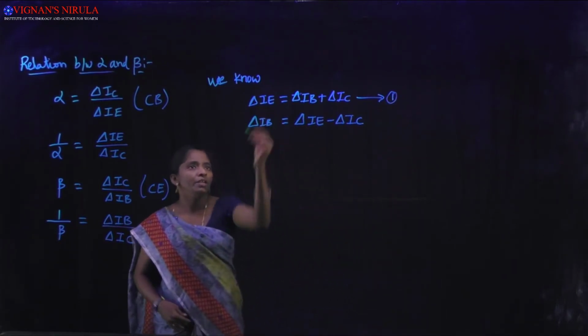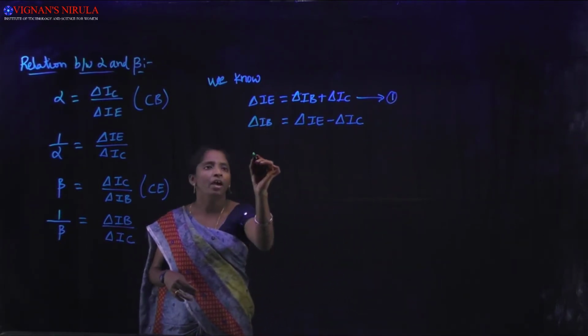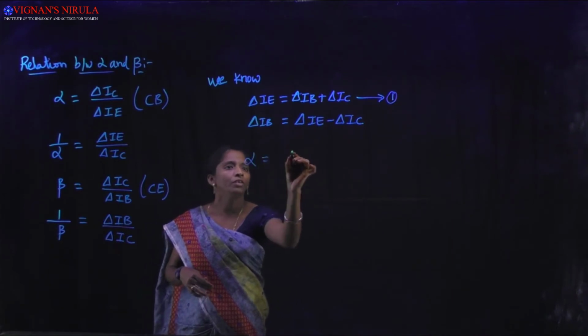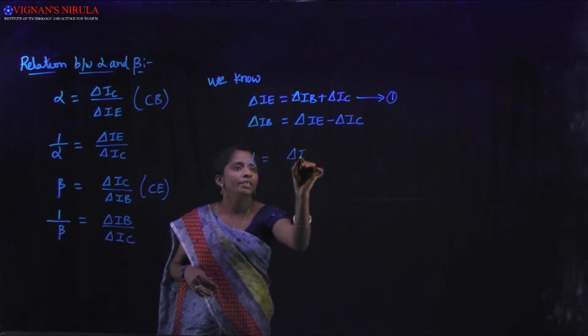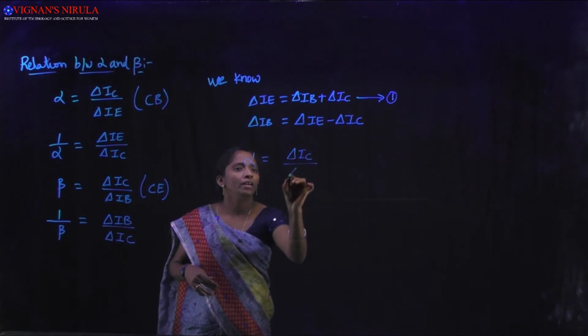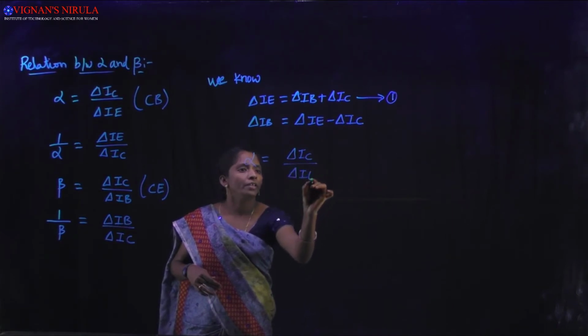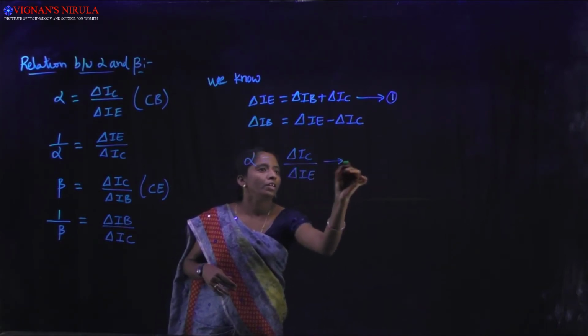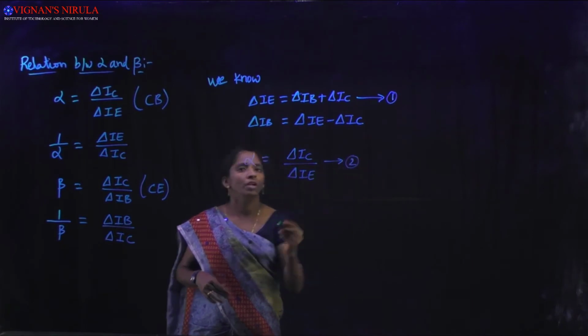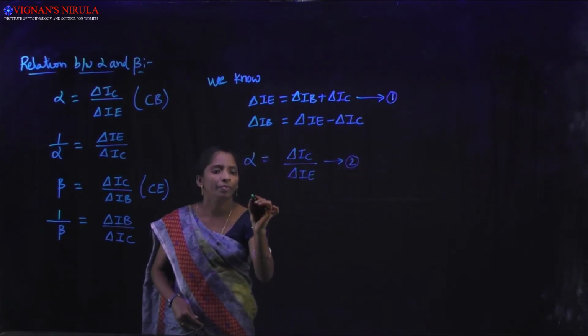From the alpha relation, alpha equal to delta IC by delta IE. Keep it as equation 2.